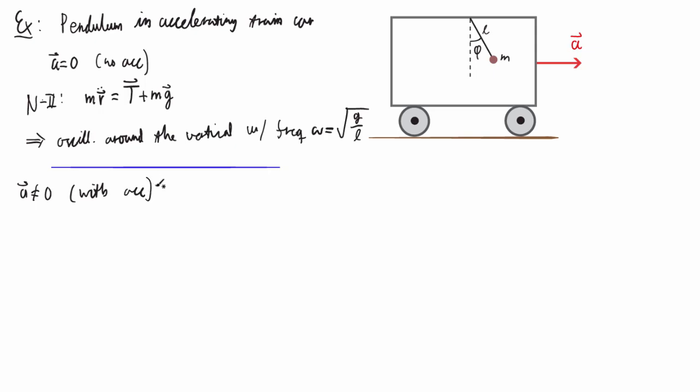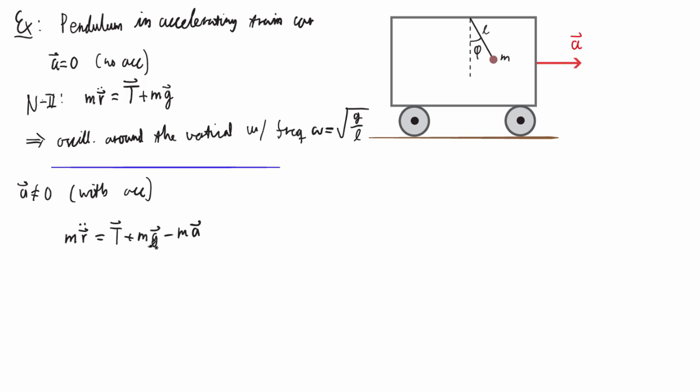In this case, Newton's second law takes on the form that we just derived with the inertial force in it. So we get m r double dot equals T plus mg minus ma. That's our new equation of motion, and that's how it differs in the non-inertial case compared to the inertial case.